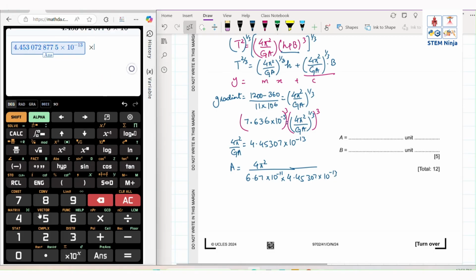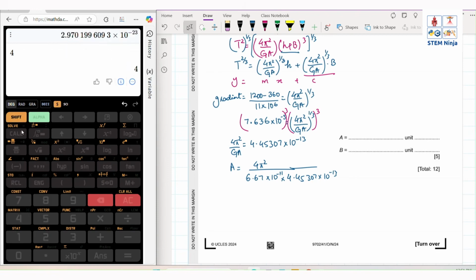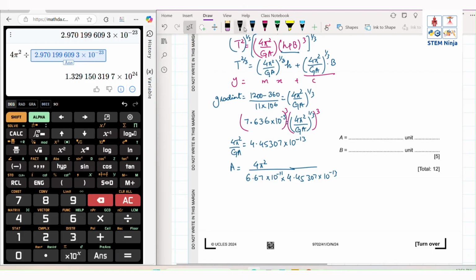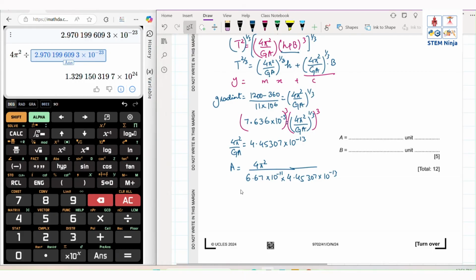So we do 4 pi squared divided by that answer. We get this value, 1.329, so 1.33 or 1.3 times 10 raised to power 24 kg.